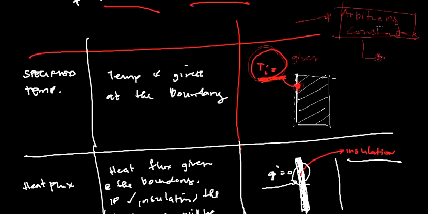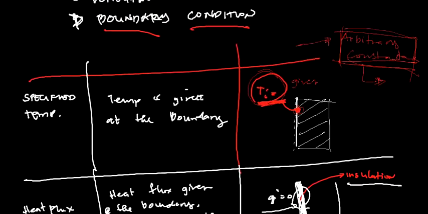When we know these arbitrary constants, we can have the particular solution of our differential equation. Once again, boundary condition refers to the condition existing at your boundary.